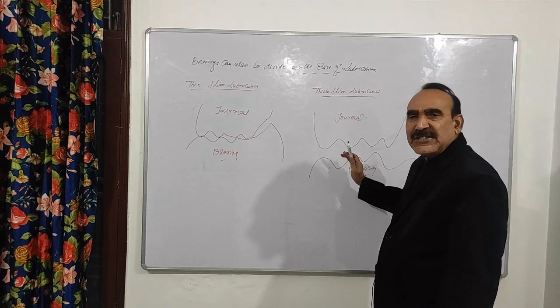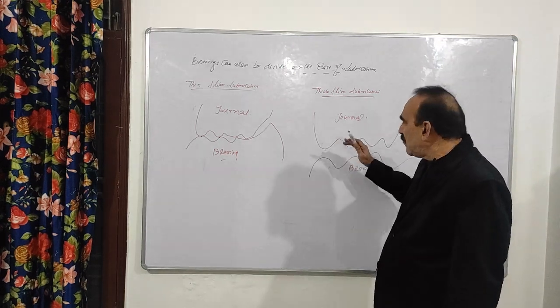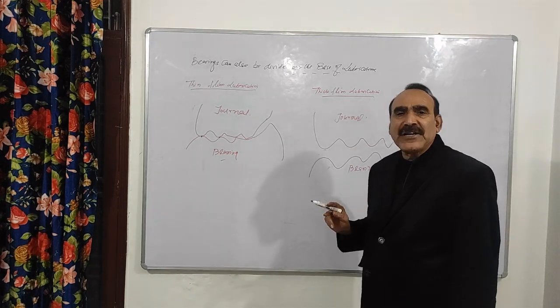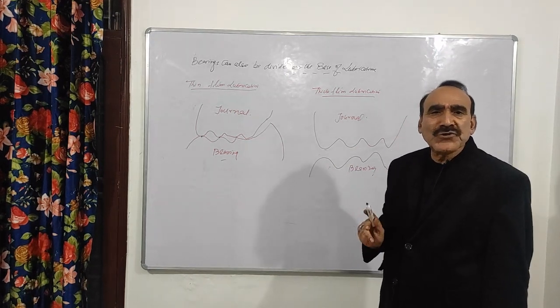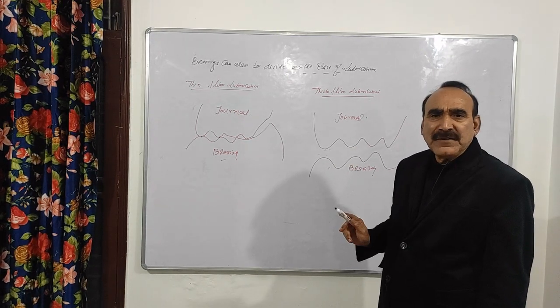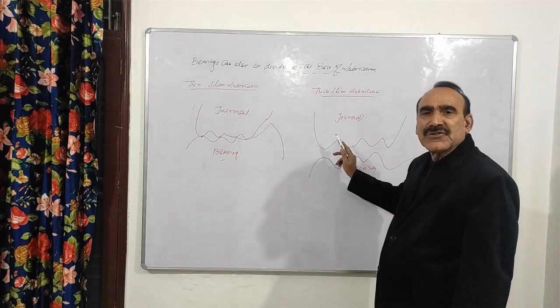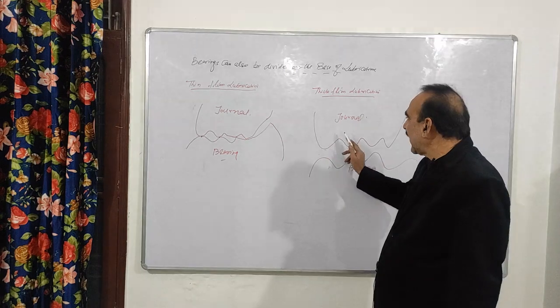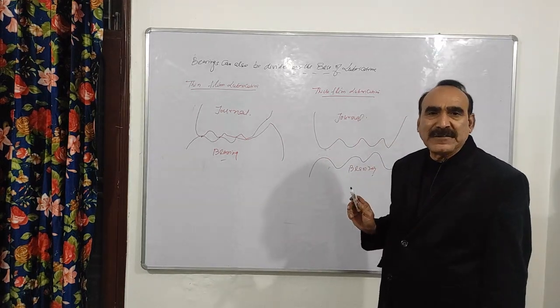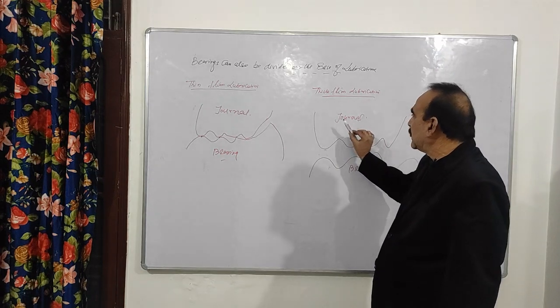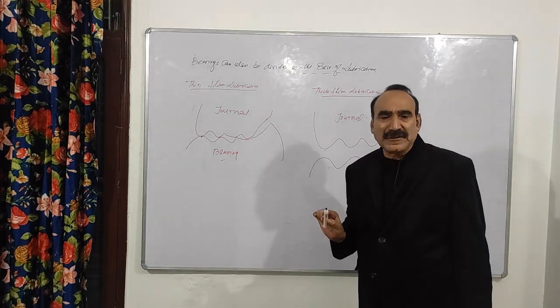There is no metal to metal contact here. This type of lubrication is used at very high speed, where the load is high and the speed is high. So this is all about thick film lubrication and thin film lubrication, right?